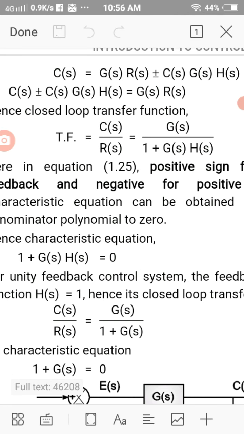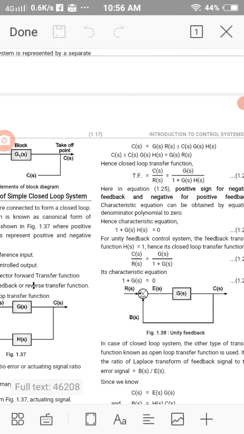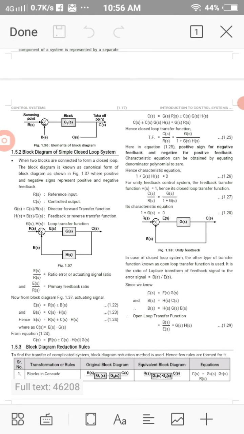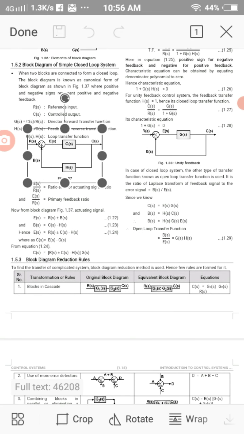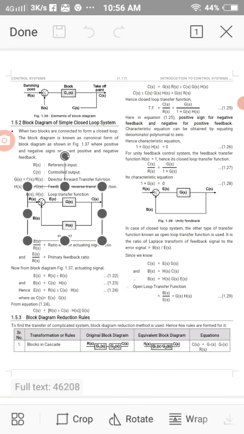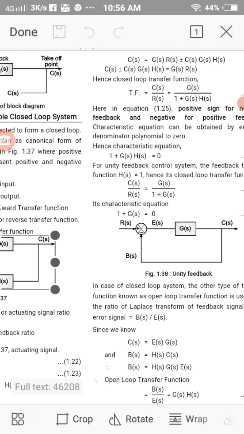If I have this block diagram, then I can reduce it by directly representing a single block which has the equation G of S upon 1 plus G of S into H of S.